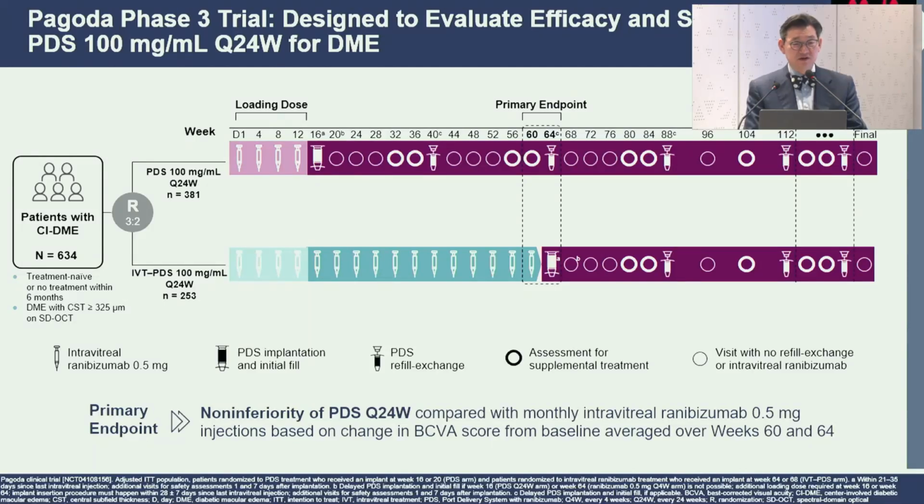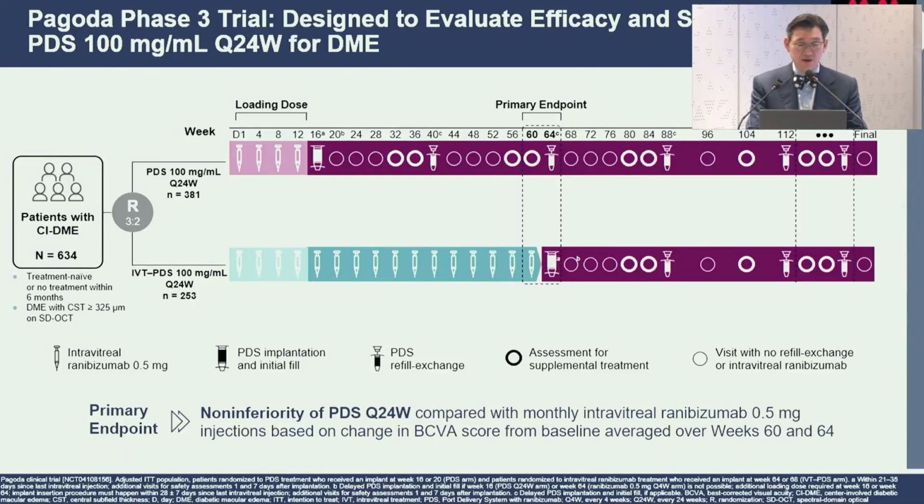After a loading dose in both groups, at week 16, a PDS implant was inserted and then refilled every 24 weeks. The other group was the IVT PDS group, where they were treated up to week 64 with monthly injections, and then they had insertion of a PDS device and then continued to be filled every 24 weeks.